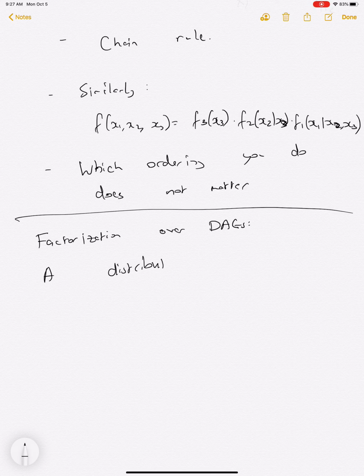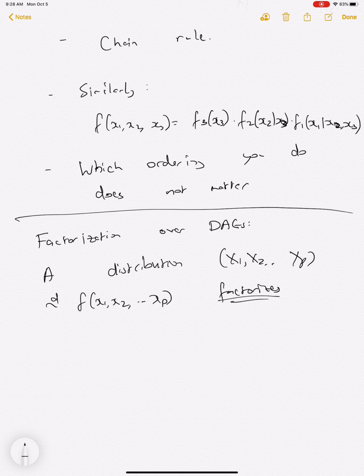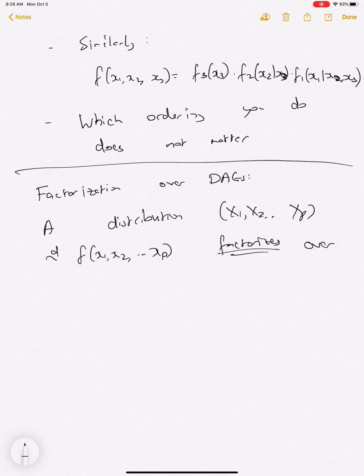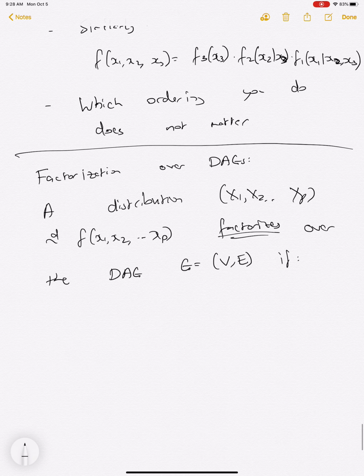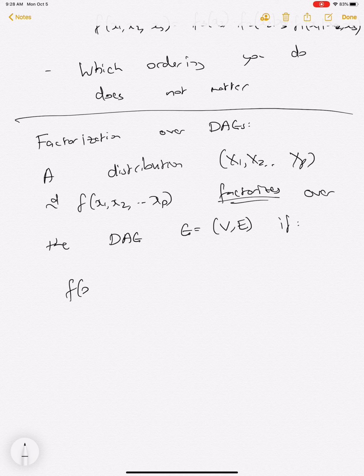A distribution factorizes over the DAG G = (V, E) if f(x1, x2, up to xp) is equal to the product from j equals 1 to p of fj(xj given the parents of xj).